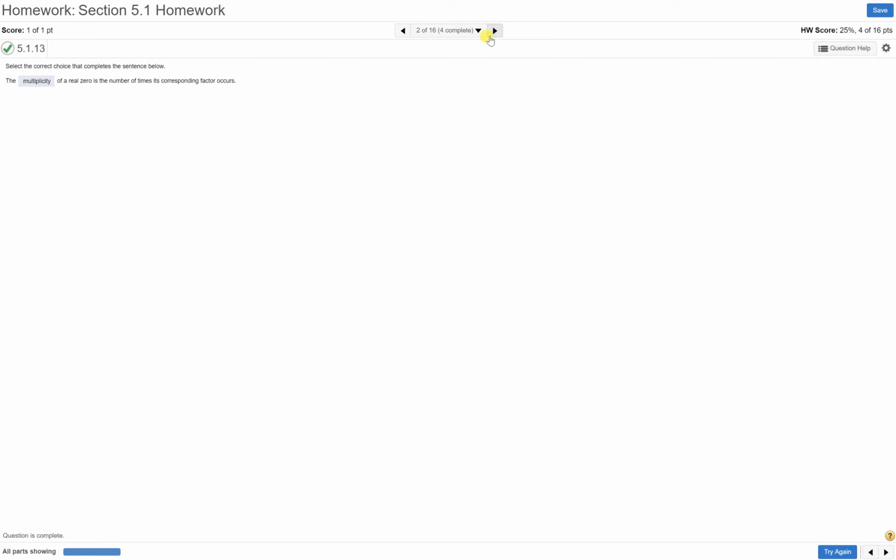The next question: how many turning points is that polynomial possibly able to have? The number of turning points any polynomial can have is the degree of the polynomial minus 1. This is the max number of turning points. It doesn't mean it has to have that many, but it can be up to that many.